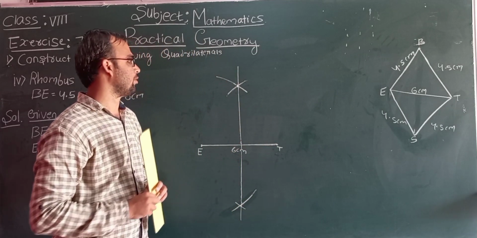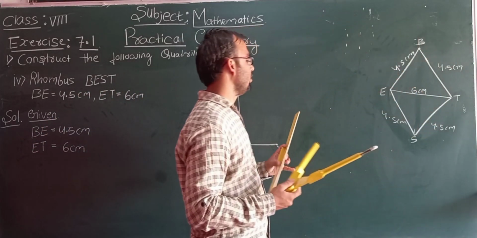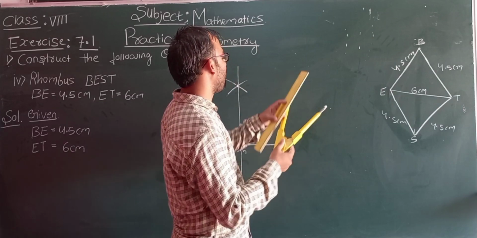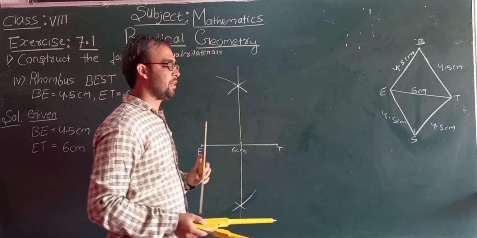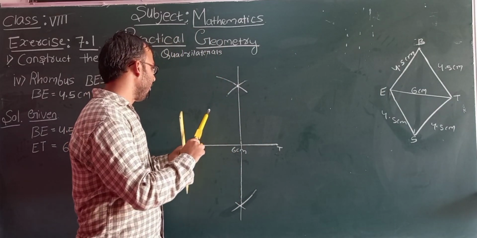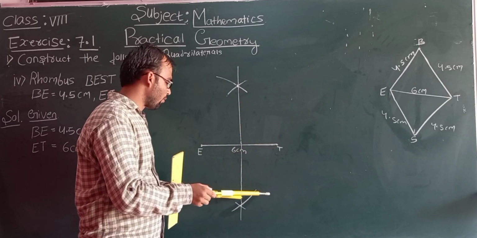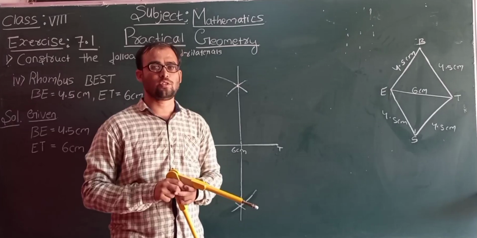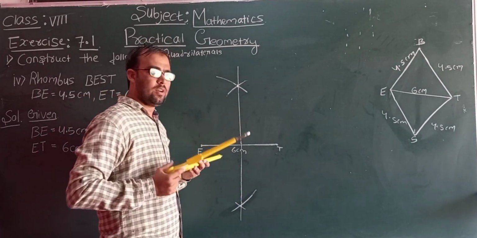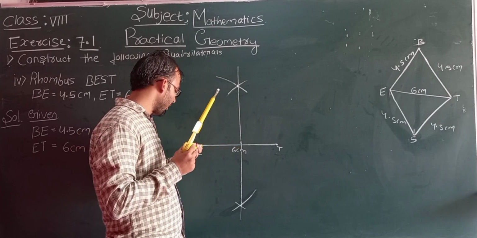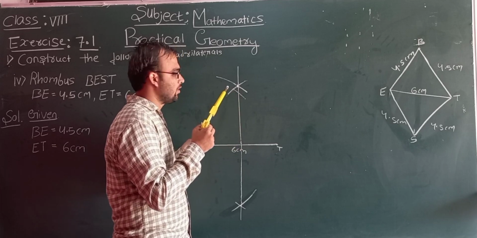Now what we need to do, students? We need to set the compass to 4.5 centimeter. From E we have to mark the arc, from T we have to mark the arc, and from E and T on the other side also. Assume that I have set the compass to 4.5 centimeter. So from E, mark an arc on this line.